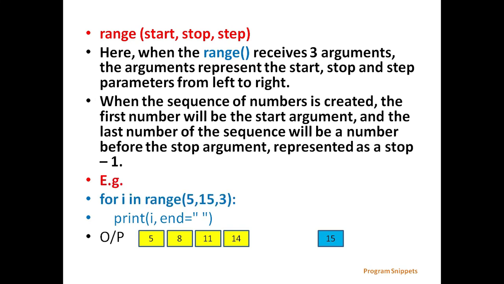For example, if we give for i in range(5, 15, 3) and print i, it will print 5, 8, 11 and 14. That is, the starting number is 5, the next number will be 5 plus 3, that is 8, then 8 plus 3 is 11, and 11 plus 3 is 14. Here 15 is not included in this series.